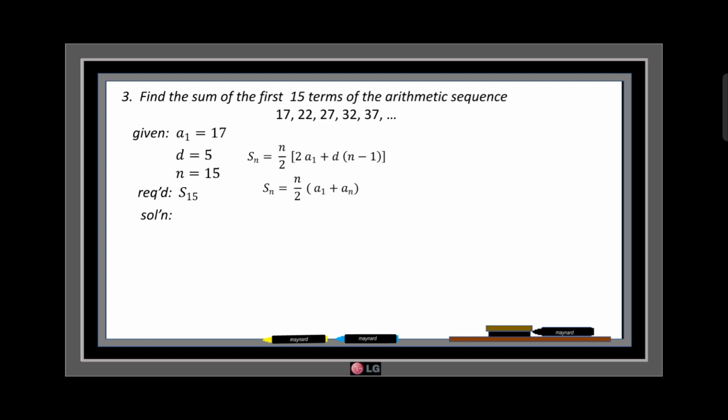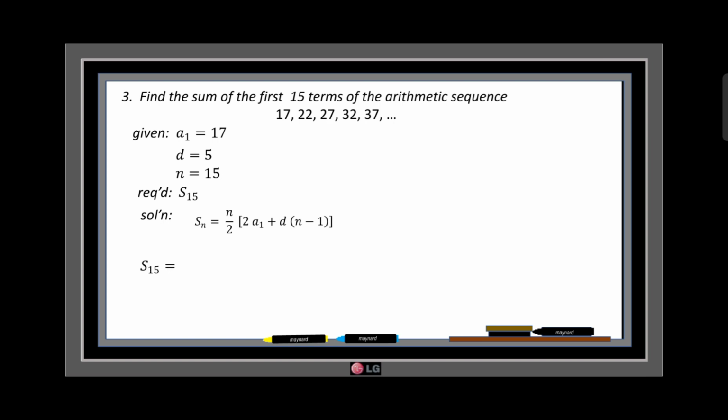From the two formulas, alamin natin kung ano yung pwede natin gamitin base sa ating mga given. Sa given natin, meron tayong a sub 1, d, at saka n na nakikita ko dun sa ating first formula. Kasi sa second formula, kailangan natin yung a sub n or yung a sub 15 na kailangan pa natin i-compute kung sakaling yung pangalawang formula ang gagamitin natin. Ayan na siya.